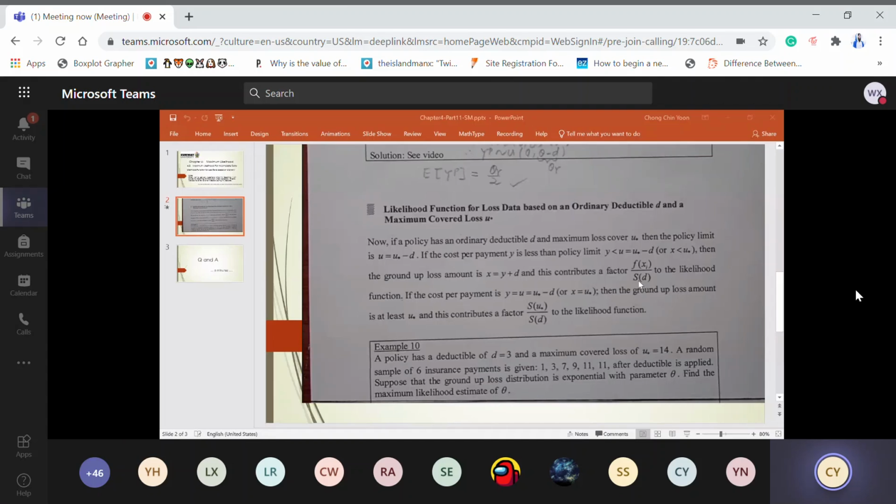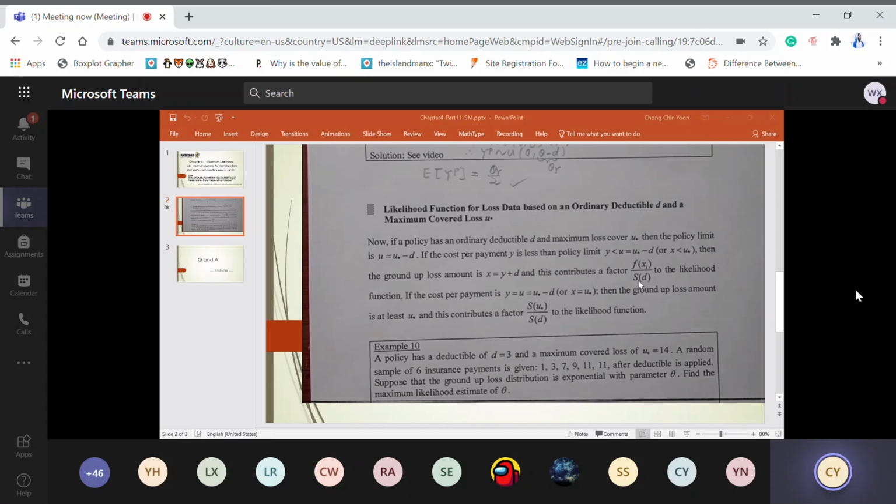The rest we have learned before: the deductible before example 8, and the policy limit in example 7. So now we just involve a new one, the maximum covered loss.